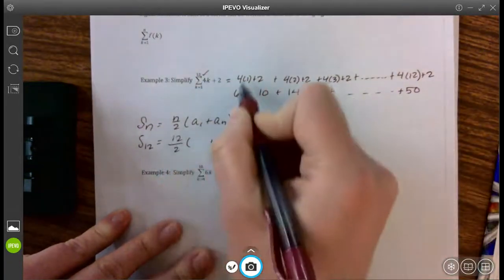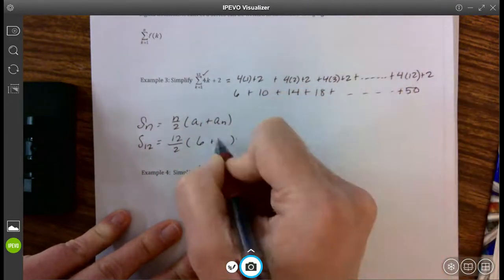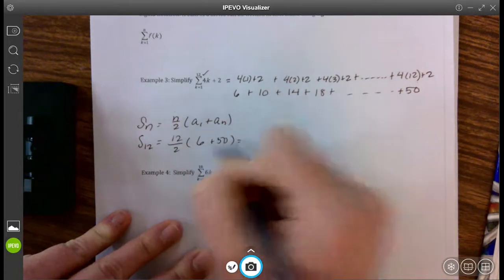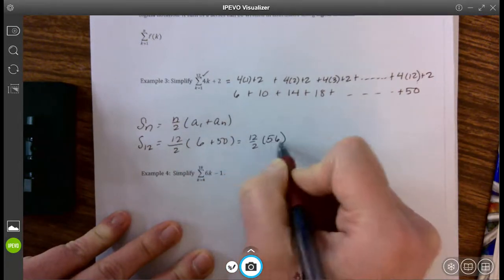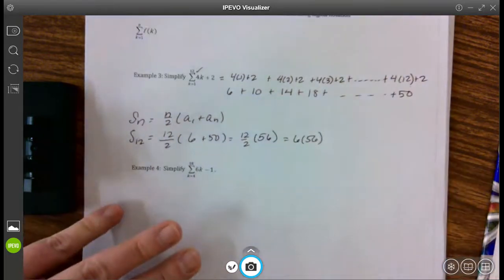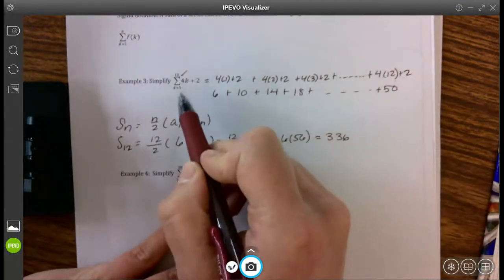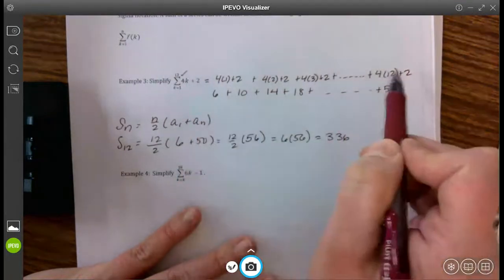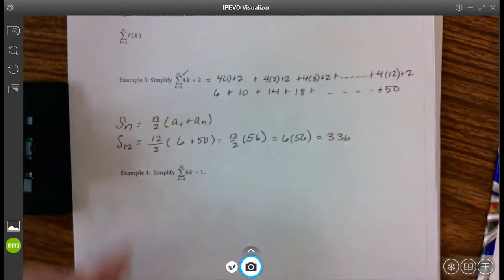What's my first term? I plugged in 1, I got 6. What's my last term? Substitute 12, I got 50. So 12 divided by 2 times 56. So how many pairs of 56? 6 pairs of 56. So if I took 1 and then 2 all the way up to 12 and I added them all up, I would get 336. Using this formula would be easier.